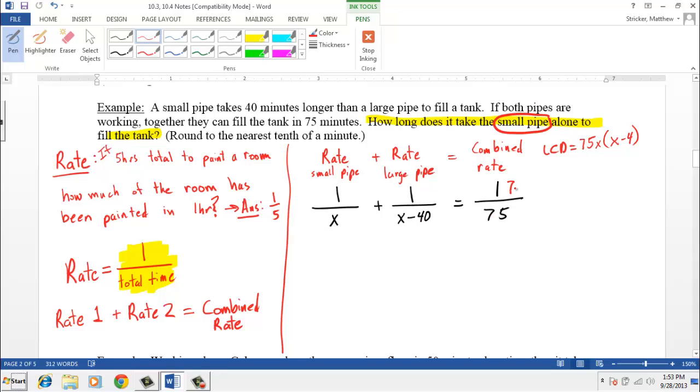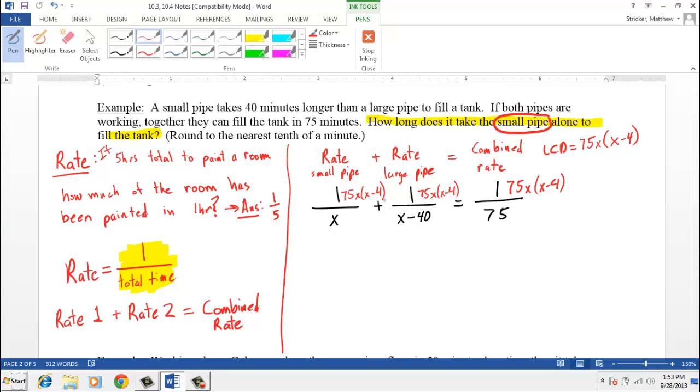And so I'm going to multiply each term by 75x times x minus 40. And then we're going to go about canceling what we can cancel.